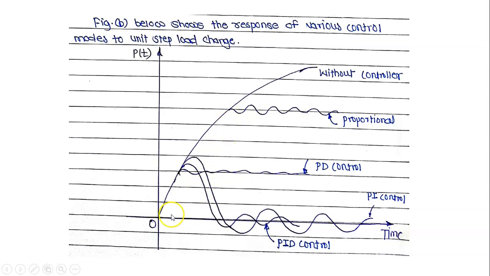This wavy, sinusoidal graph indicates the proportional controller. Again from this to this indicates the proportional plus derivative controller. Now this line indicates proportional plus integral control, and at last this line indicates proportional plus integral plus derivative control.